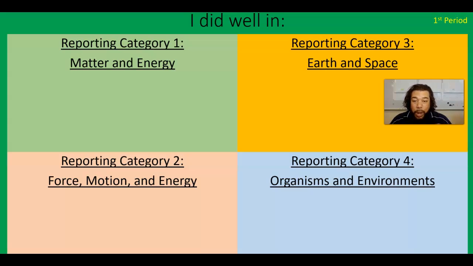So that can be a great way to get yourself started on this and to see the benefits of it. I know that my kids have done it, and it's kind of refreshing to hear them say, "Dad, I'm really good at matter and energy, but I know I'm struggling a little bit in earth and space, so I'm going to focus in on that earth and space." So potentially that could be happening for your kids.